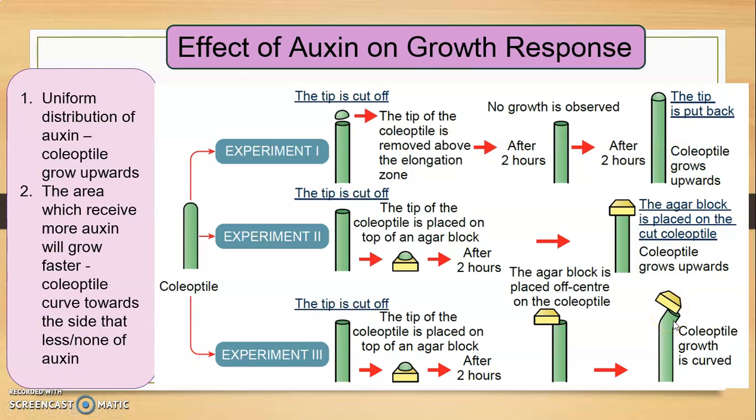Then in the right side, there is less auxin or no auxin, so it will not stimulate the growth. That's why the left side gets longer. And when it gets longer, it will curve to the right. Why right?